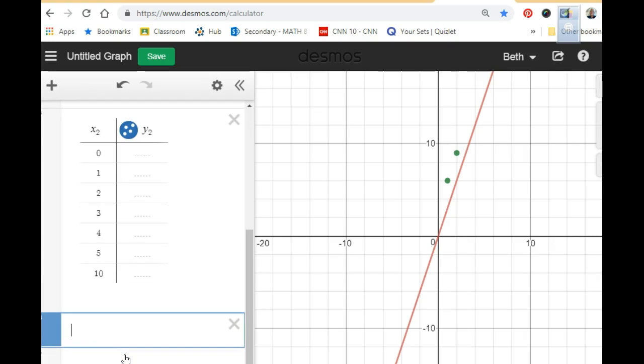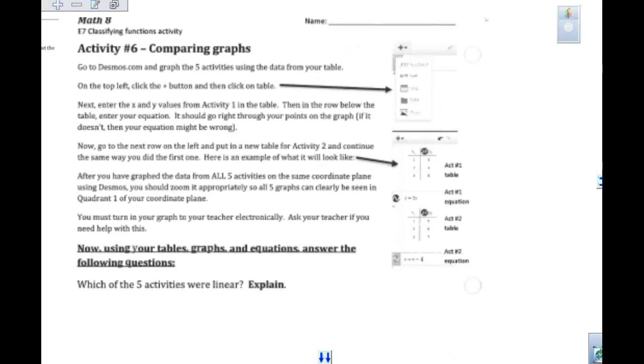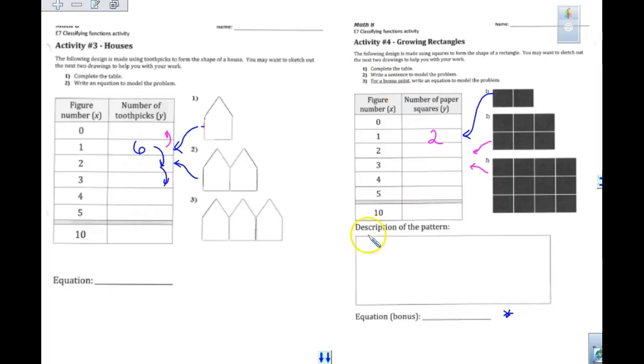What'll happen is when you start putting those points in, they're going to kind of change colors and give you different equations. When you get to number 4 and 5, notice this one says describe the pattern. The equation is bonus. If you, while you are playing around with your equations, get it to go through every single point, then that equation works, right?